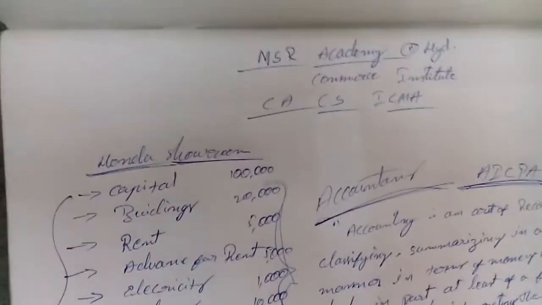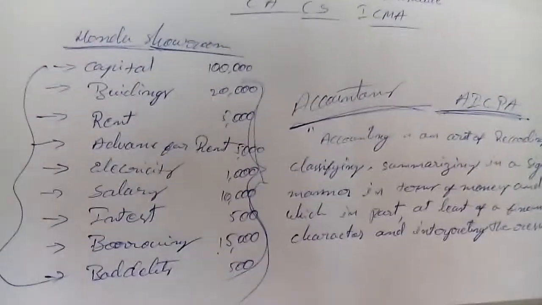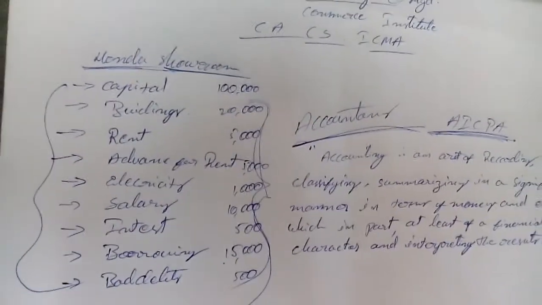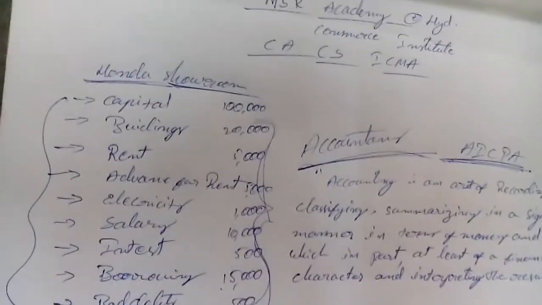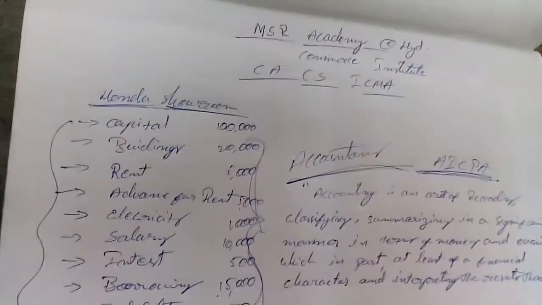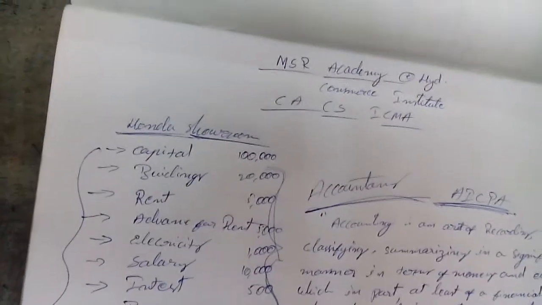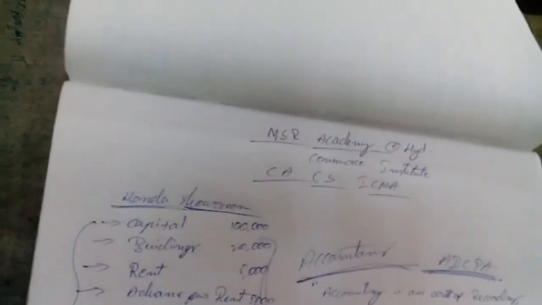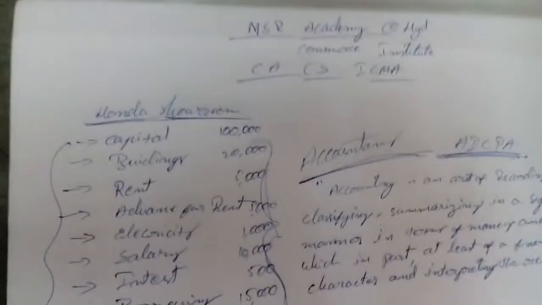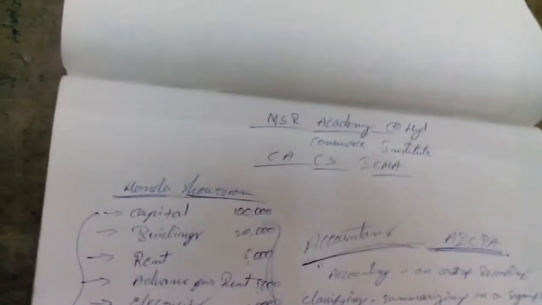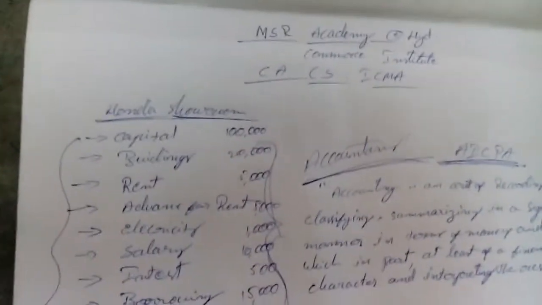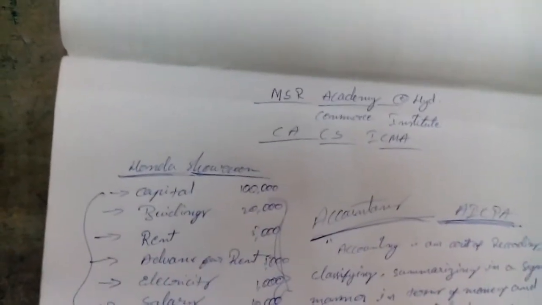What is art? Art and science are different. Art means something that happened in the previous period, and whatever happened previously, we discuss later in the next years; that is called art.